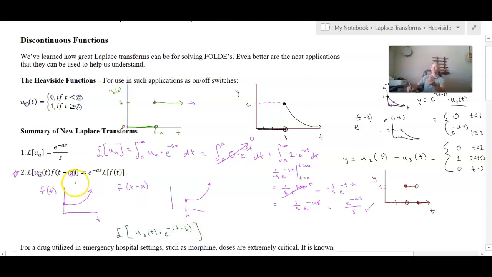The first thing you need to identify is what is the unshifted version of that function. Clearly, this right here is our f of t minus a. Notice that it's shifted over 3 units to the right. So if I hadn't shifted it, f of t would just be the exponentially decaying function.